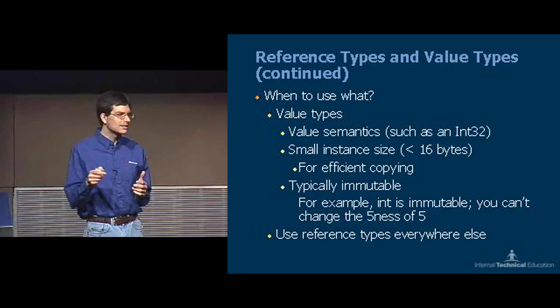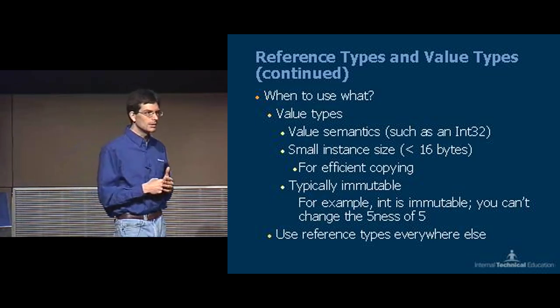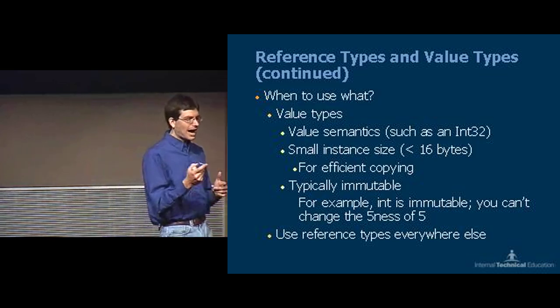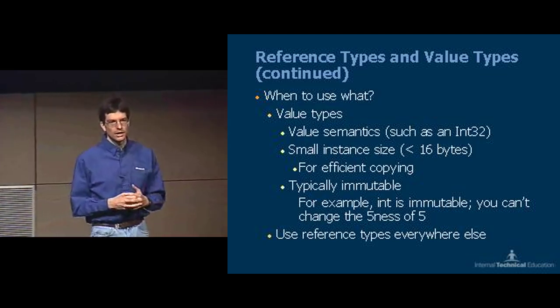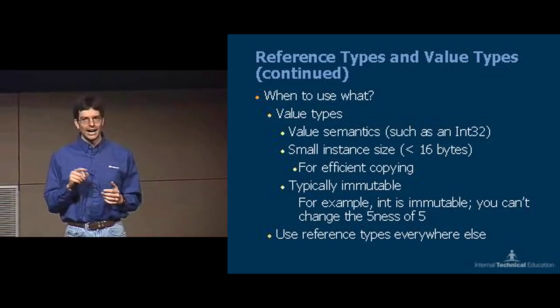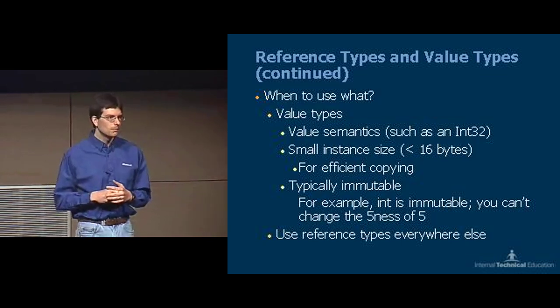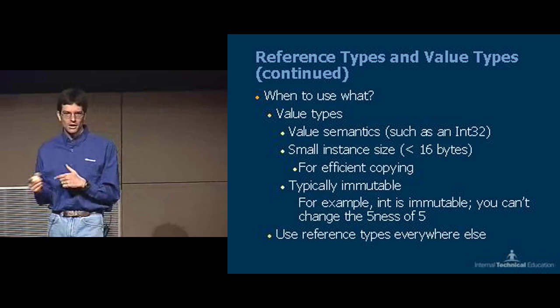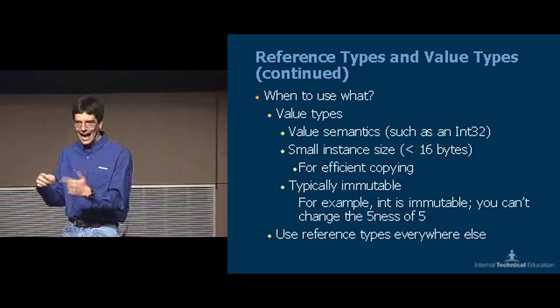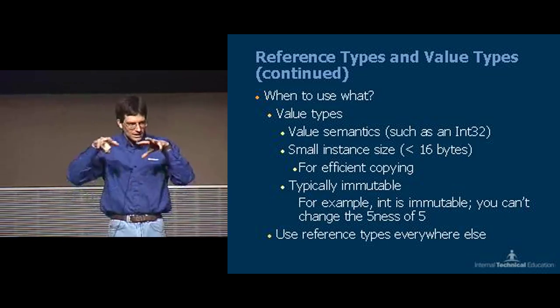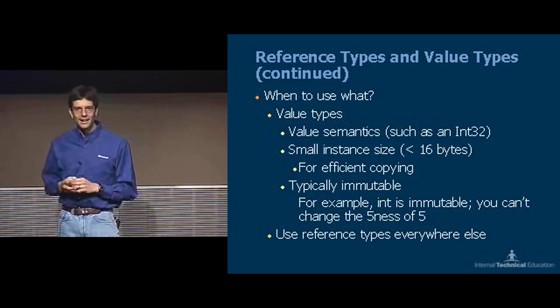Is I immutable? Yeah, it's immutable. I mean, you can say I gets 5, and then you can say I gets I plus 1, but then you've changed, it's no longer 5, now it's 6. You can't add 1 to 5. You can't change the 5-ness of 5.